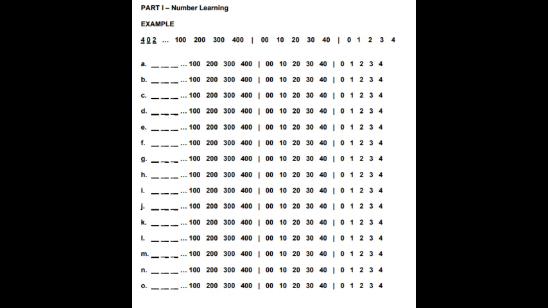Now look at side A of your answer sheet and find the answer spaces for Part 1, Number Learning. You will find the answer spaces about in the middle of side A, just below where it reads Example R, and you see how a sample number 402 has been written. These answer spaces are just like what we had in the practice exercises.